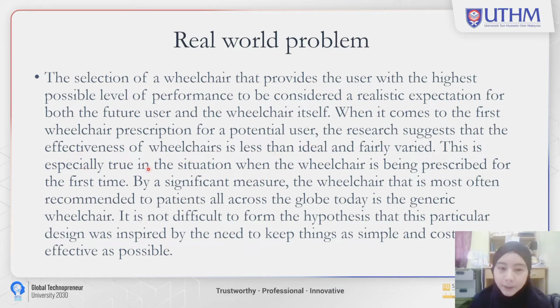This is especially true where the wheelchair is being prescribed for the first time. The wheelchair that is most often recommended to patients all across the globe today is the generic wheelchair. It is not difficult to form the hypothesis that this particular design was inspired by the need to keep things as simple and effective as possible.